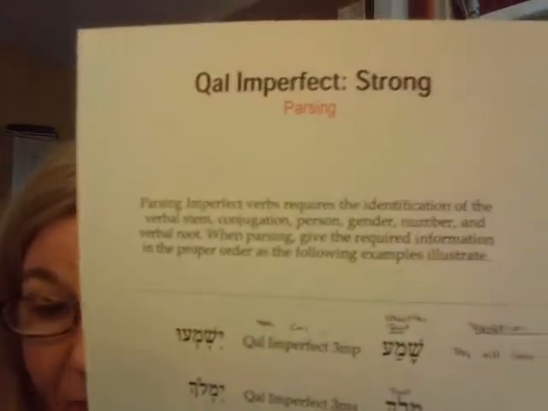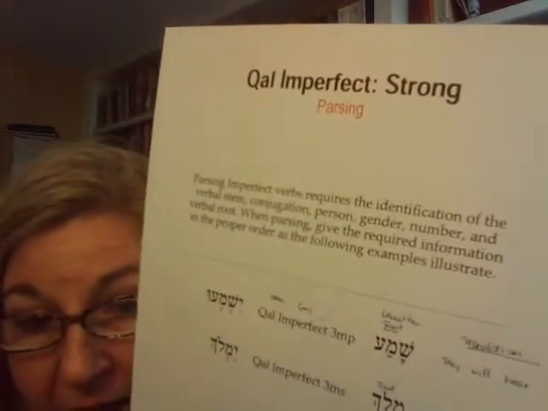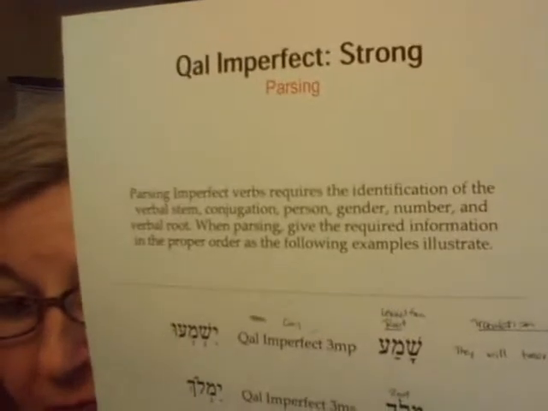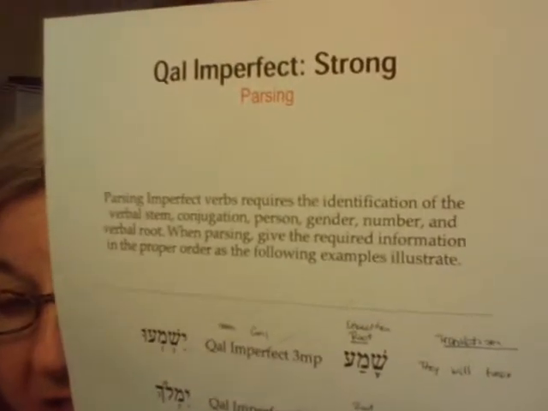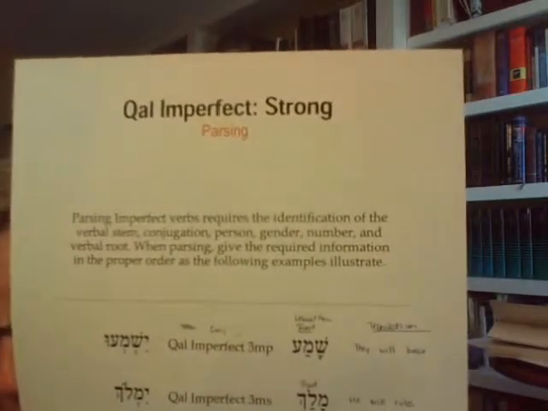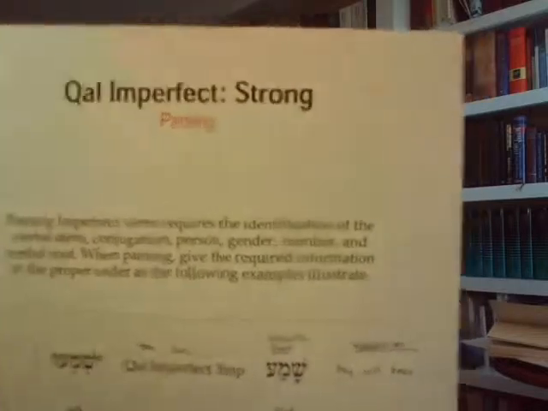But I am asking for a translation. Yishma'u, that's the Qal imperfect third masculine plural from shama, and it's translated they will hear. There we have our imperfect: future tense, incomplete, they will hear.